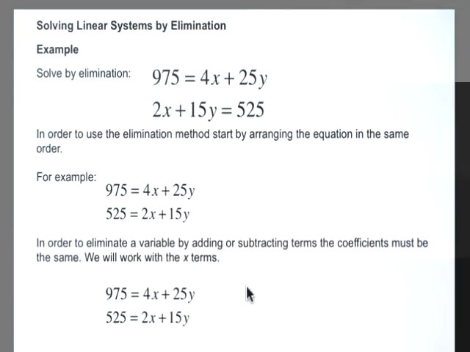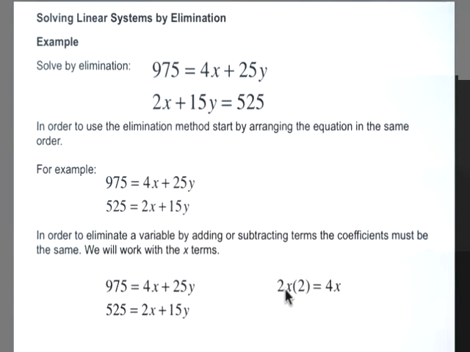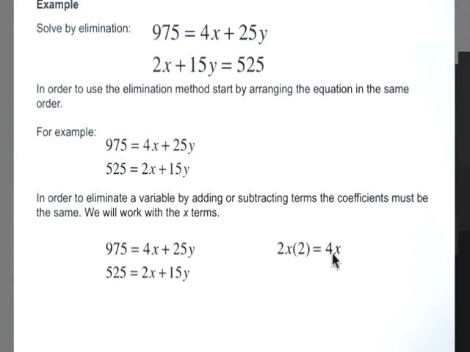And next, what we're going to do is try and add or subtract the equations, but the coefficients have to be the same. So what we're going to do is work with the x terms. Now, you should know that 2x times 2 is equal to 4x. And so we have 2x in the second equation.